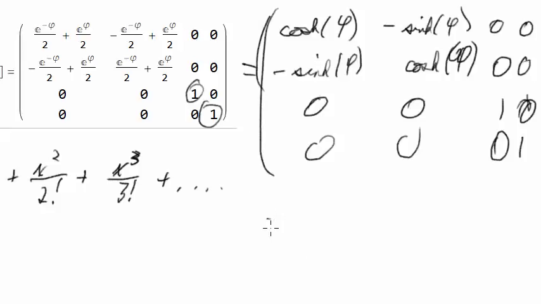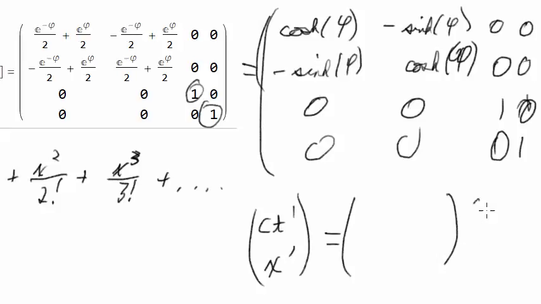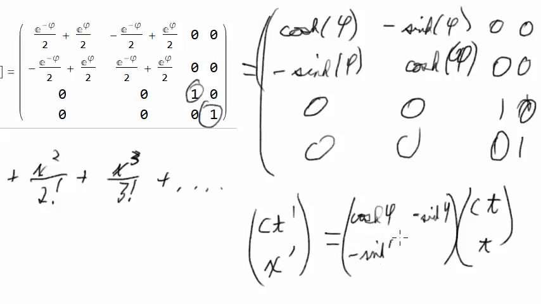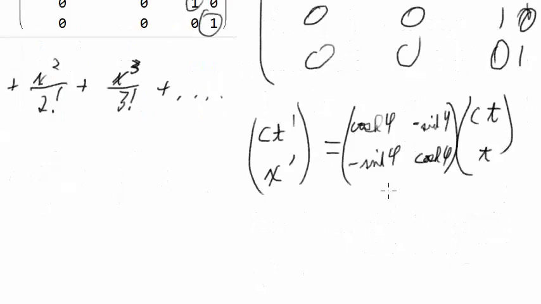The Lorentz transformation is ct prime, x prime equals ct, t, and then you put these things in here: cosh phi, negative sinh phi, negative sinh phi, and cosh phi.